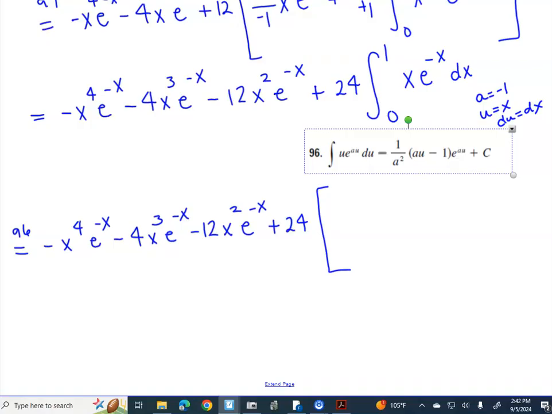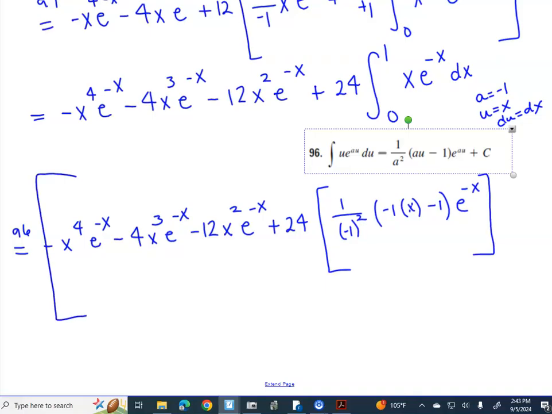So this is going to be times 1 over a squared, which is negative 1 squared, times a, which is negative 1, times u, which is x, minus 1, times e to the negative x. And then this entire thing is going to go from 0 to 1.